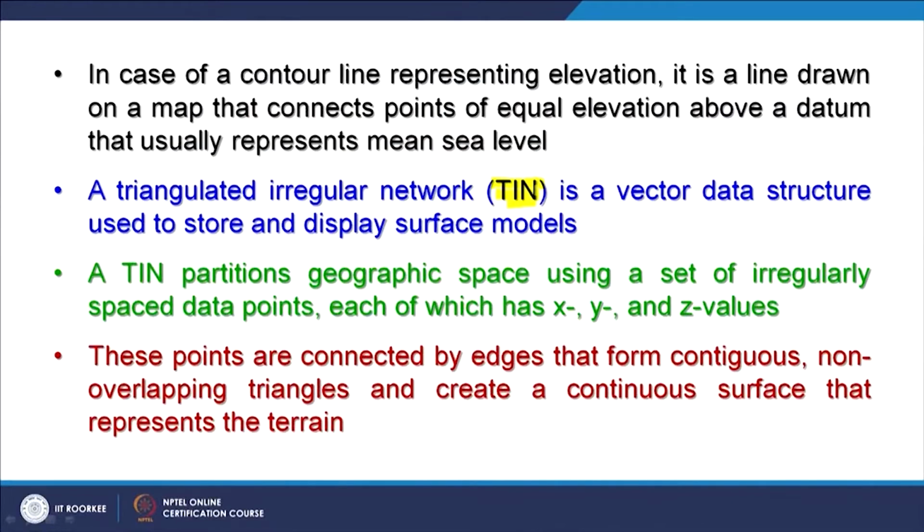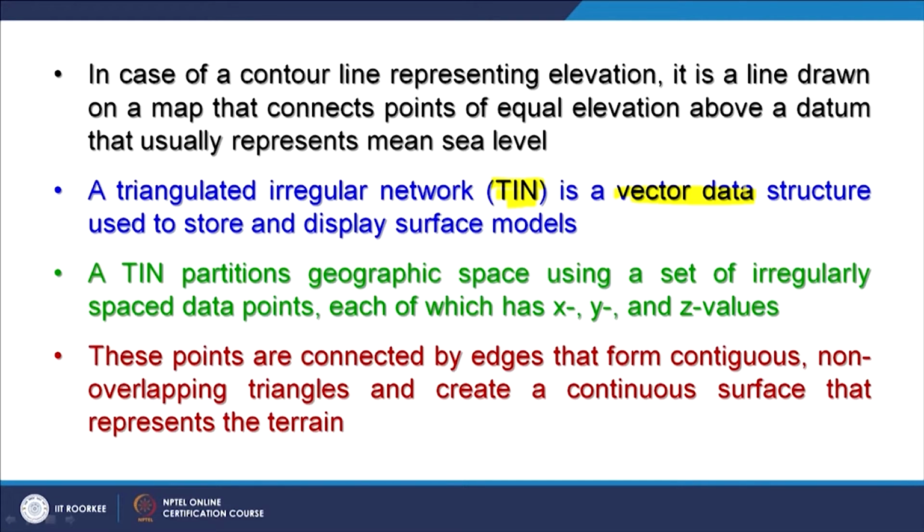Now, there is another way which we have also discussed to create a surface, and that is called TIN, triangulated irregular network. Though it is not really a vector data structure, in some way it is quite close. But we considered it earlier in our discussion as a completely separate data model.